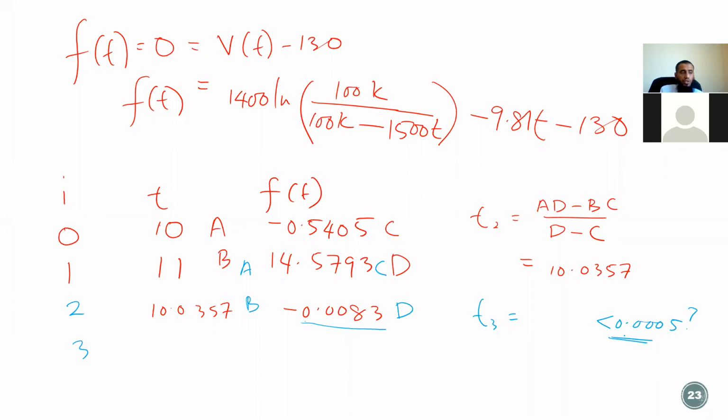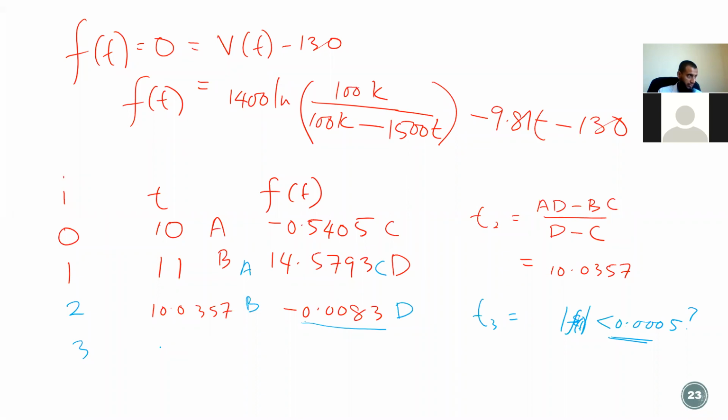If not, you need to proceed and do another iteration. Since this one is not less than that, please make sure the value is modulus. You need to make it positive.